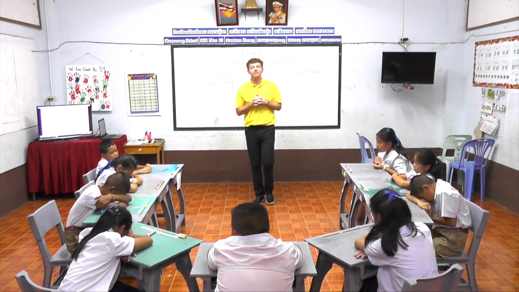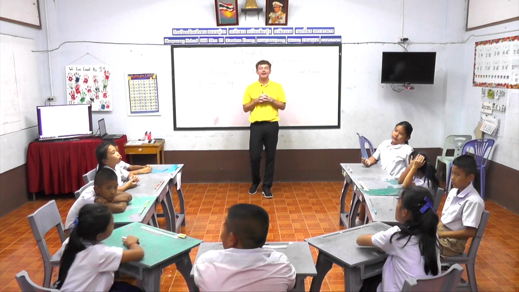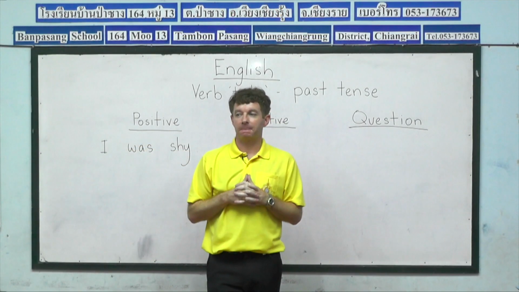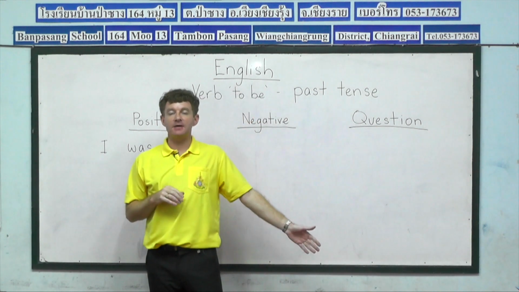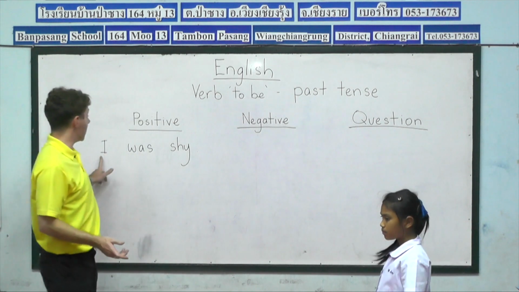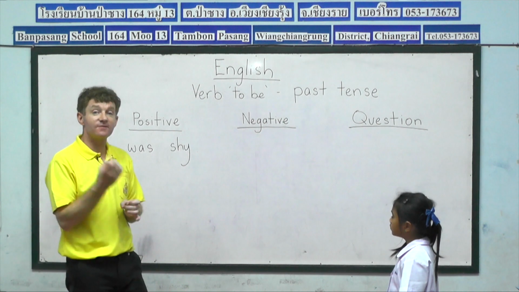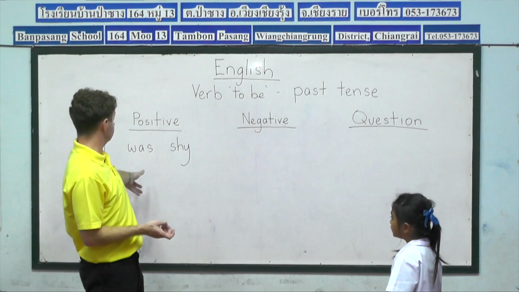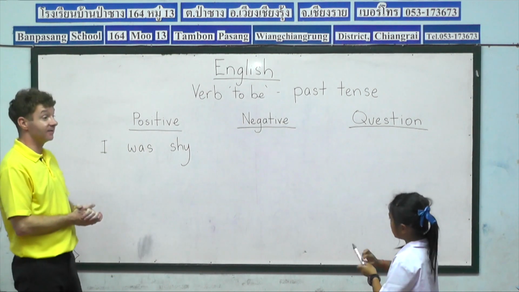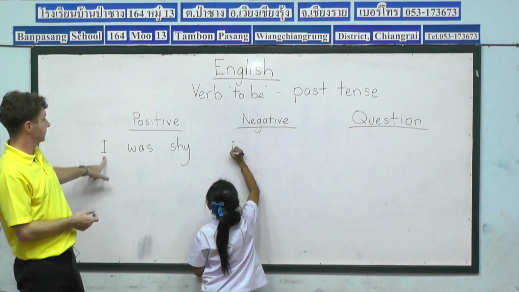Okay, so now let's open our eyes, guys. Who has the pen? Pak Bung, can you come and join me at the front, please? And Pak Bung, can you stand here for me? So guys, we already have our positive statement. I was shy. Pak Bung is now going to demonstrate how we turn this positive statement into the negative. I wasn't shy. Excellent. So first of all, we need our pronoun. I. Was.